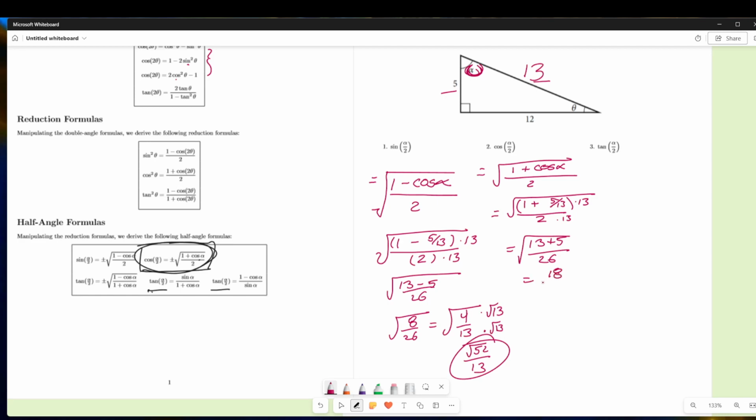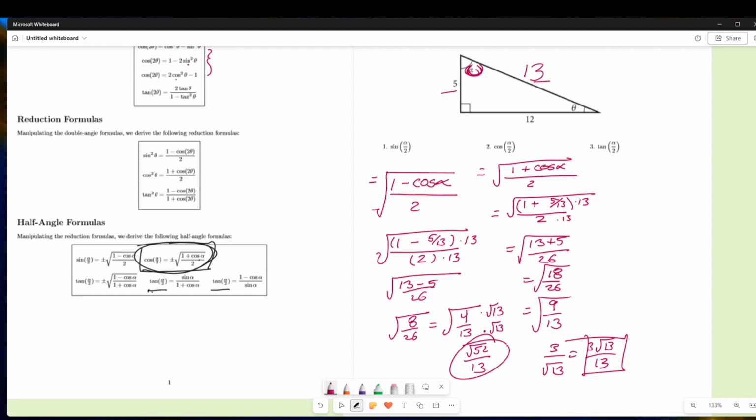So 18/26 square root, which will reduce to 9/13 square root. Oh, that's nice. So 3 over the square root of 13, which is going to turn into 3 square root of 13 over 13. I know that's fast, but go back and watch it and slow it down.